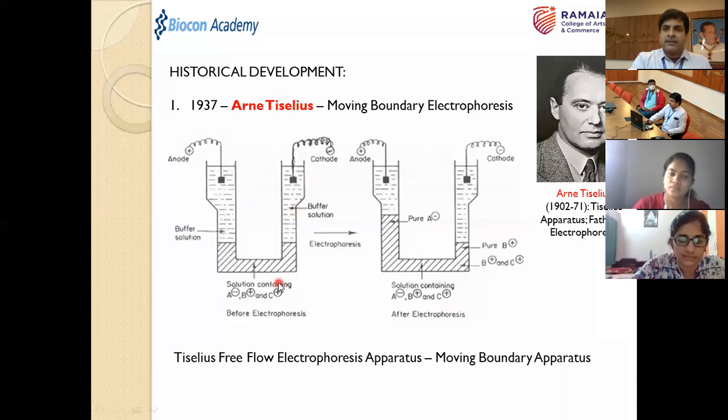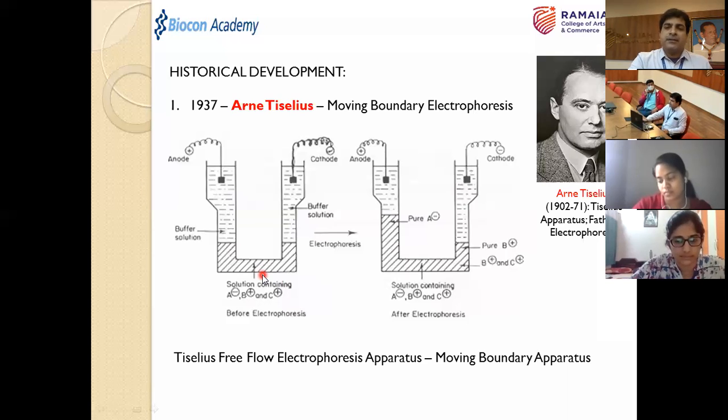When electrophoresis is carried out, the charged molecules move to the respective electrode, and that is the way isolation of those compounds was done. Basically, phoresis is separation of biomolecules or charged molecules in the presence of an electric field. That was the primitive idea, and it came as the moving boundary technique, and the pioneer was Arne Tiselius.